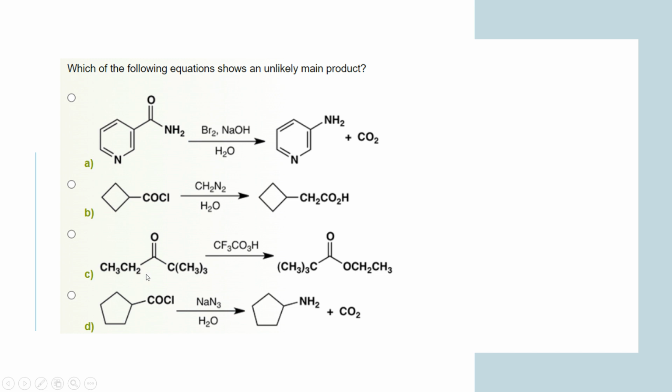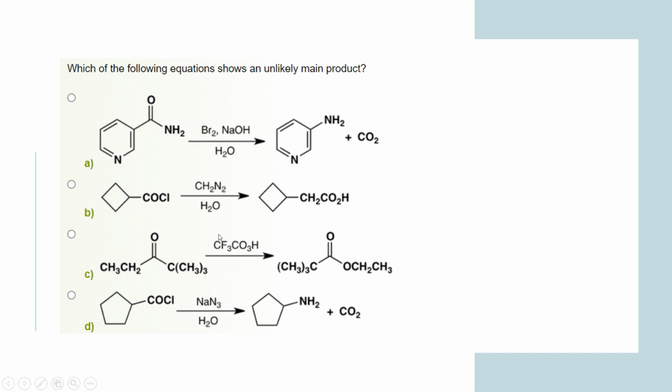So out of these two alkyl groups, which one will be preferred for alkyl shift? Definitely this tertiary butyl one, isn't it? This tertiary butyl one, which is tertiary, will be shifted more preferentially over this secondary one, primary one.